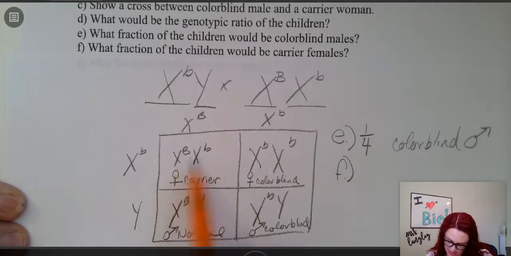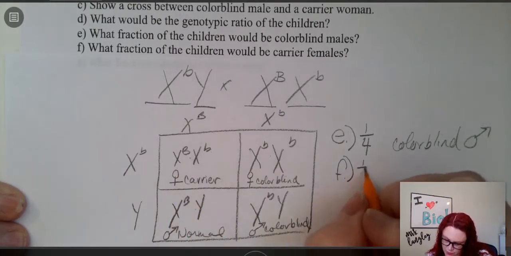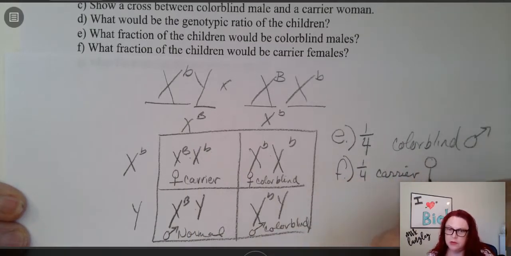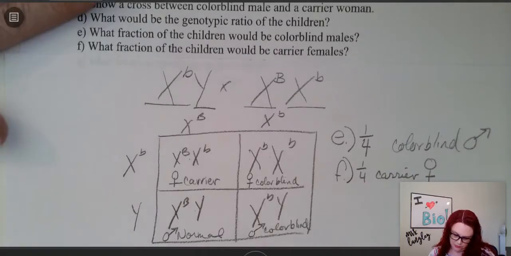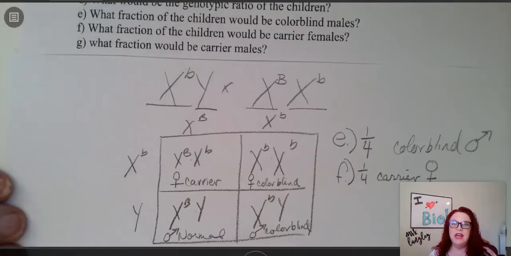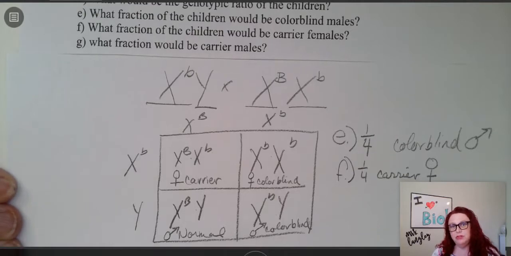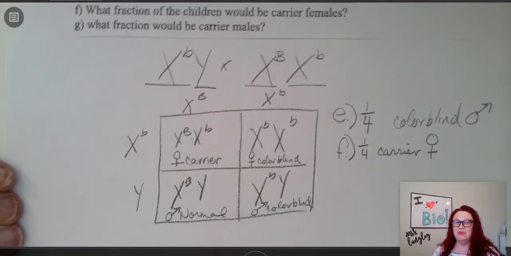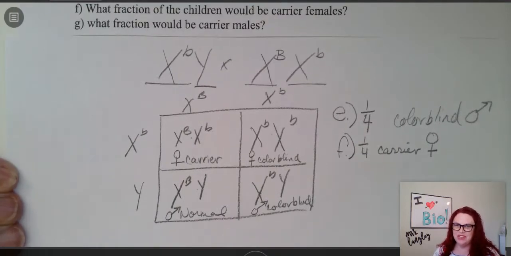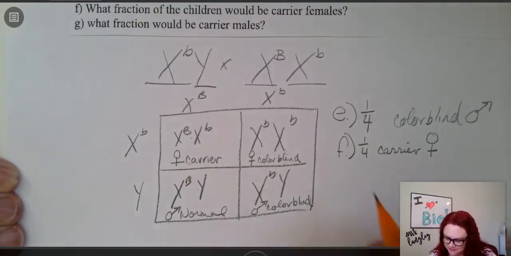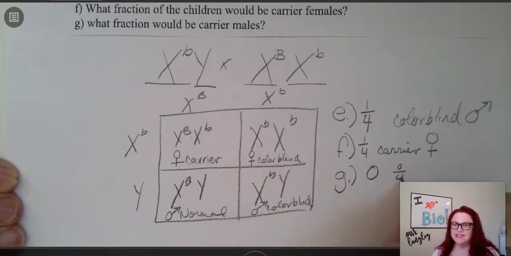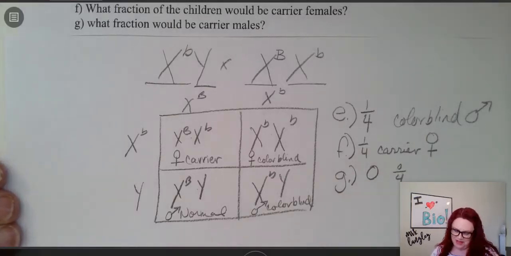So female and carrier, that is again 1/4. What fraction would be carrier males? That's a trick one. To be a carrier, you have to have one of each. Can a male have one of each? Zero, or 0 out of 4. You can't have a carrier male.